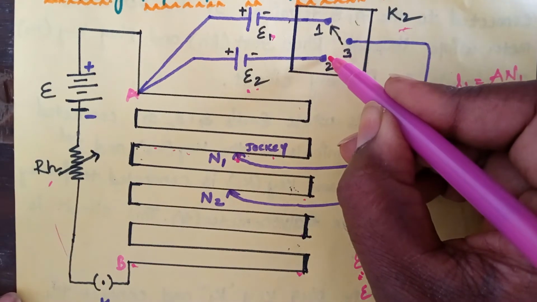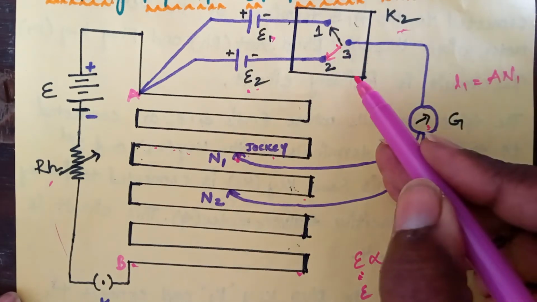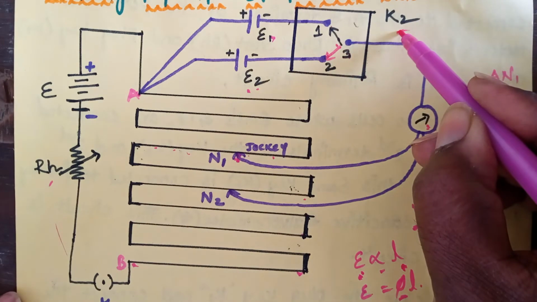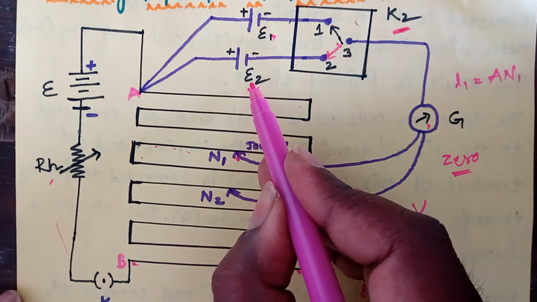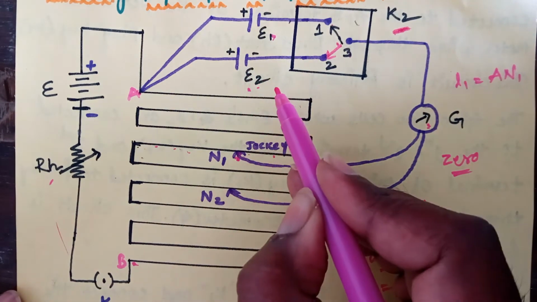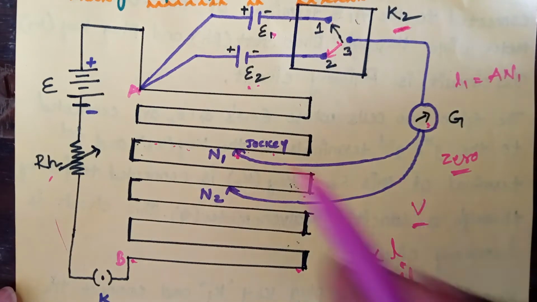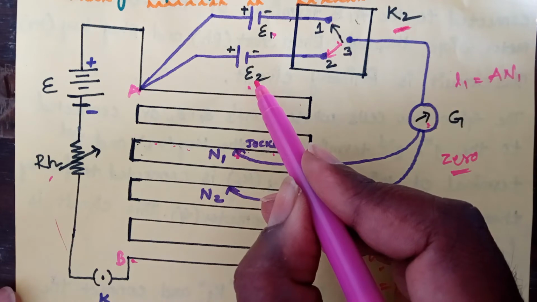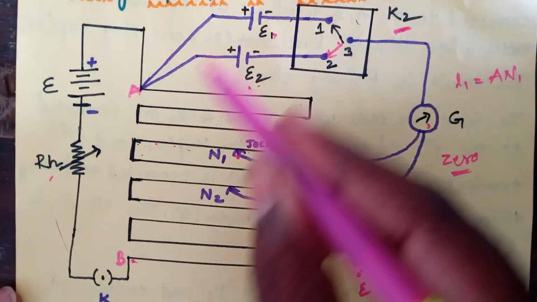Now this time we have to connect the 2, 3 terminals of the two-way key K2. At that time the second cell of EMF epsilon 2 is working, the first cell is not working. So the EMF of the cell epsilon 2 is included in the secondary circuit.